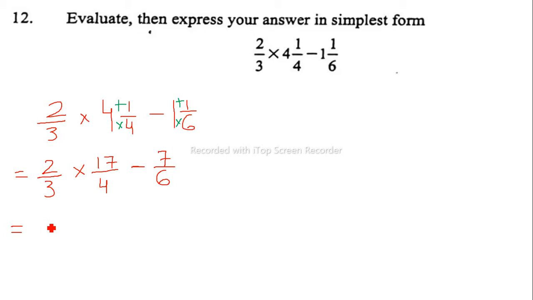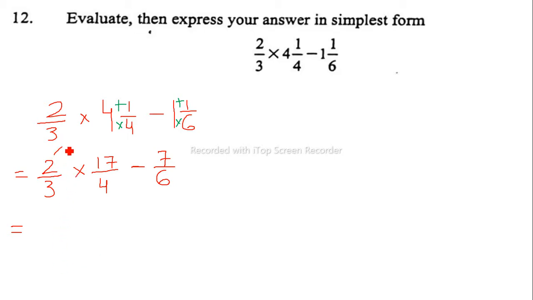Okay, so what can we do? We're going to multiply, right? So we can multiply this 2 with the 17. What is 2 times 17? 34.